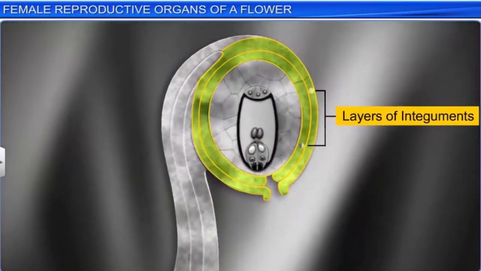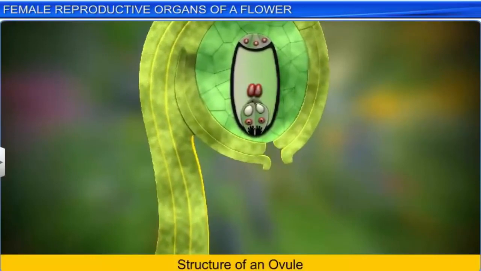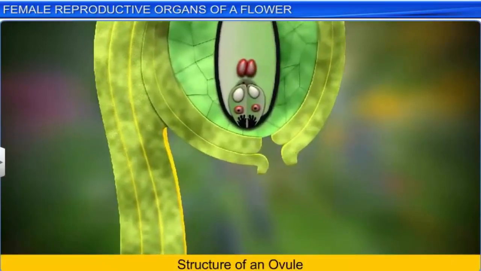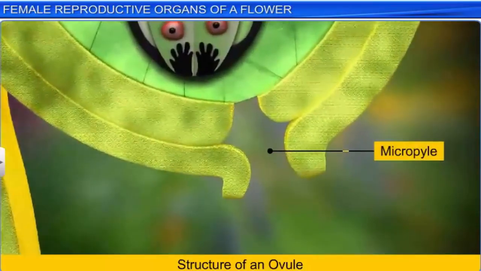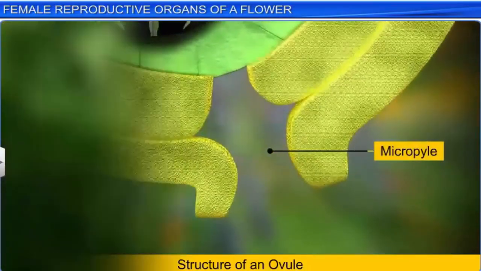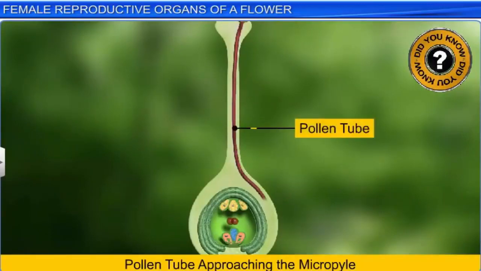These integuments later form the seed coat. The integuments cover the entire ovule except at the apex, where they form a narrow opening called the micropyle. Did you know that the micropylar end acts as an entry point for the pollen tube during the process of fertilization?